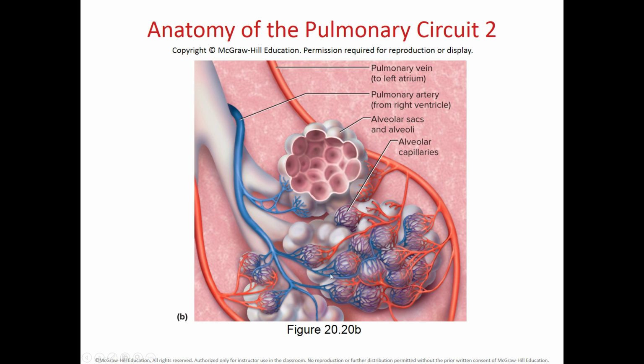And then in here you have these tiny branches, the capillaries from the pulmonary artery, and then they connect into these alveolar capillaries from the pulmonary veins. So you have gas exchange in here. Once you oxygenate your blood, the blue blood, CO2 rich blood, you will convert it into oxygenated blood, or red, and then you return it into the heart.